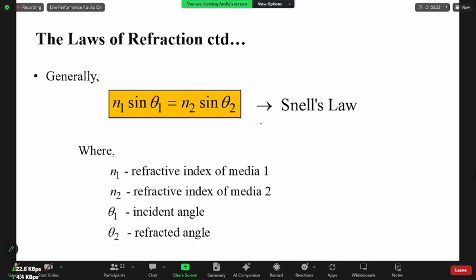So it means refractive index of media 1 times sine value of incident angle equals refractive index of media 2 times sine value of refracted angle. So we call this Snell's law.